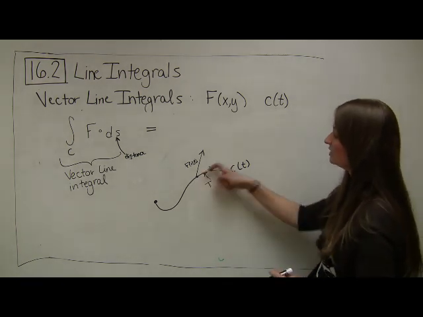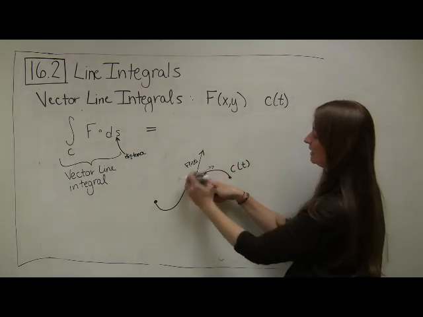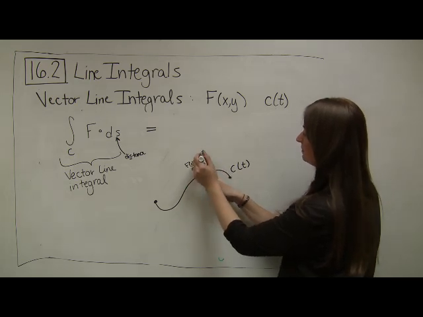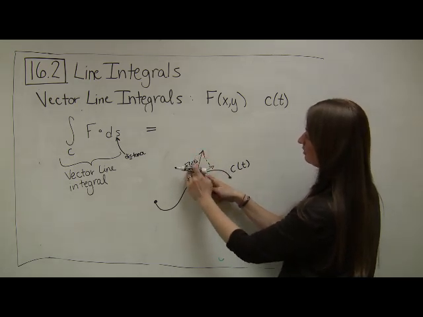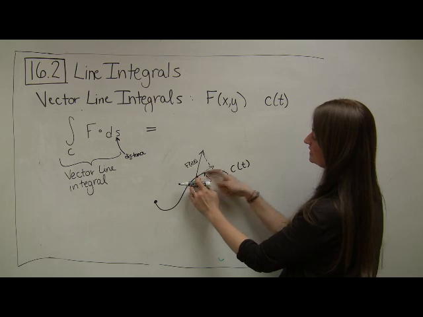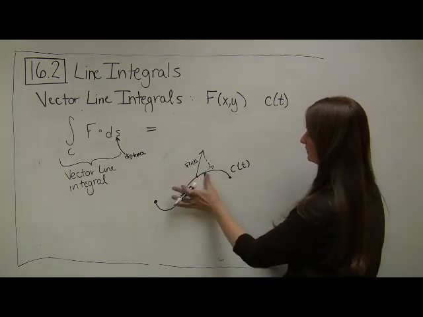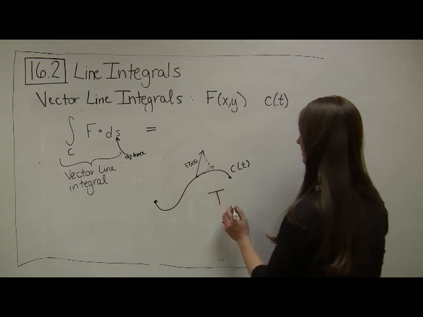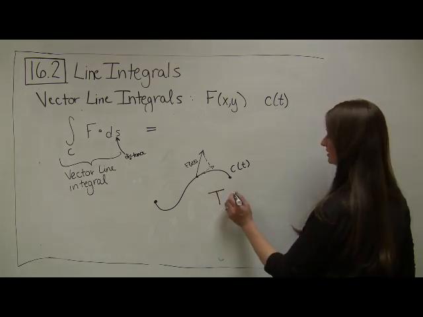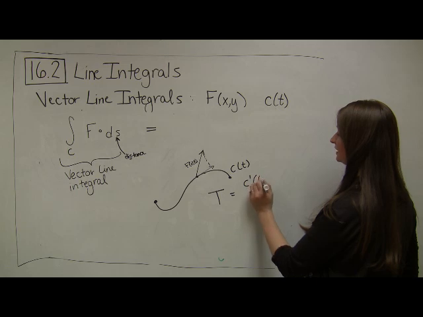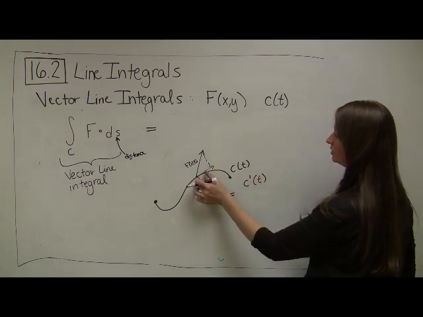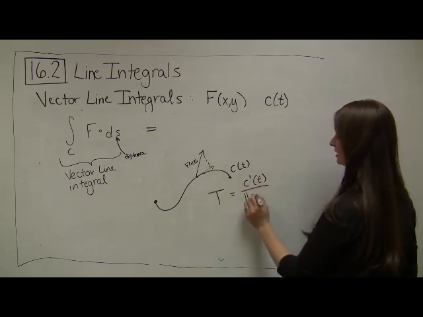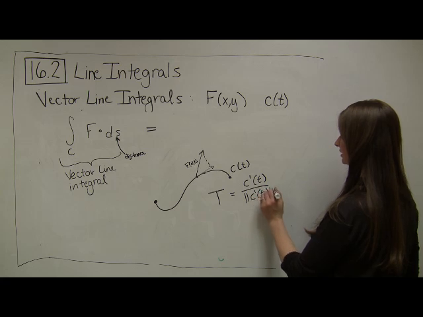So recall, our tangent vectors are the ones that are exactly tangent to our curve, because we want to know what component of our force vector is along the same direction as our tangent vector. Algebraically, what is our tangent vector? Our unit tangent vector, T, was given by the derivative, and I'm going to make it 1 unit in length, c prime of t.